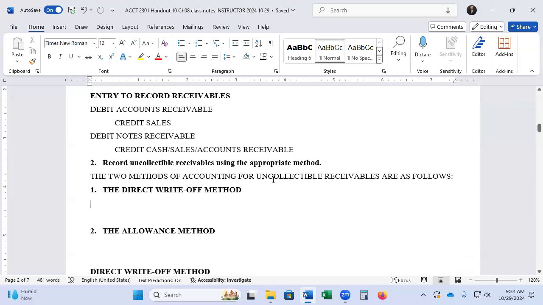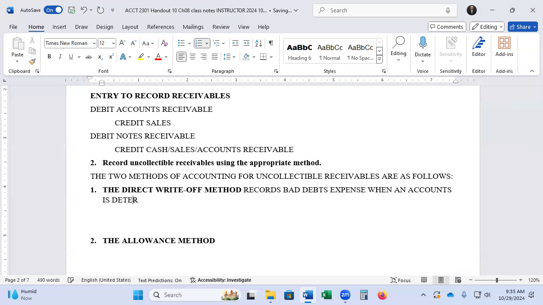Okay, there are two methods for uncollectible receivables as follows. You have the direct write-off method, and this records bad debts expense when an account is determined to be worthless or uncollectible.